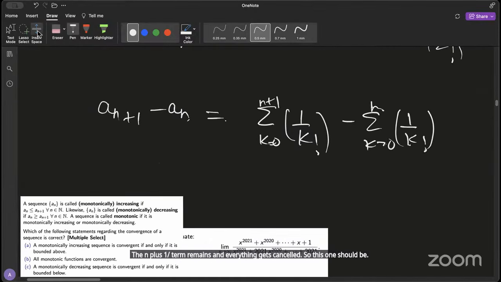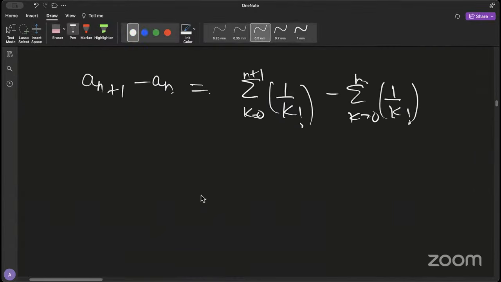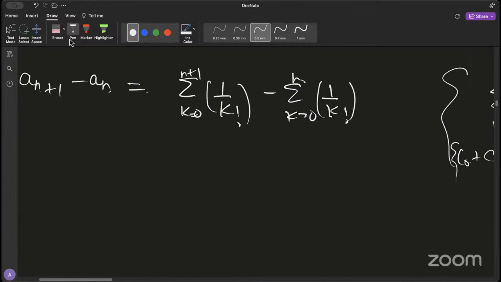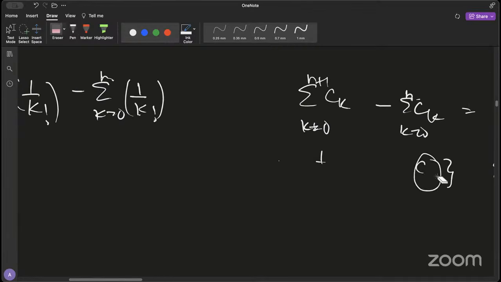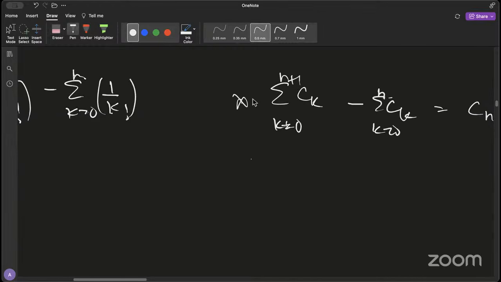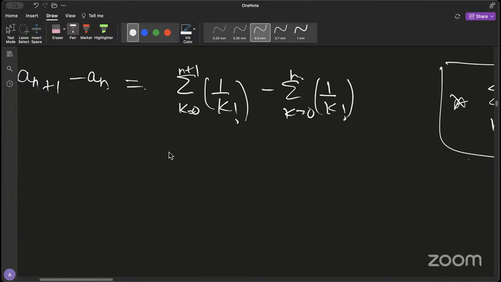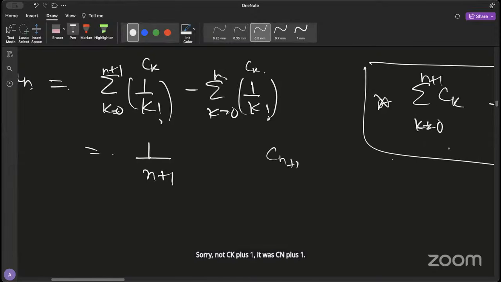So if you're considering this as Ck and this as Ck as well, then the term that was left was Cn plus 1, right?